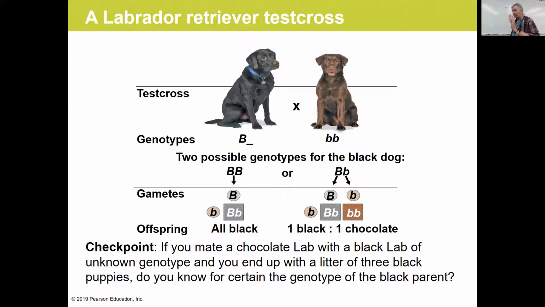No, you don't. But it's likely to be homozygous dominant, because if the black animal were heterozygous and you mated it with the homozygous recessive, there'd be a 50% chance of having the recessive phenotype. Maybe I'll do that on the board here.